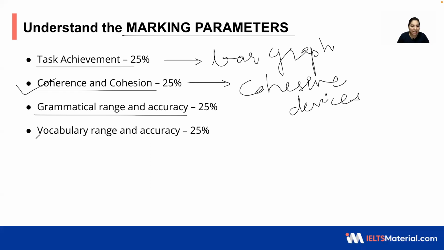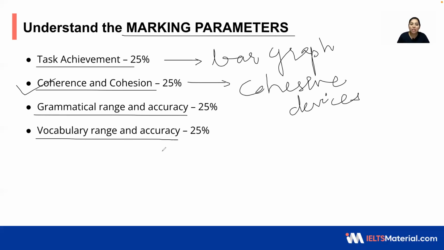The next one is vocabulary range and accuracy. Vocabulary range does not tell you to write a high range of vocabulary, but it actually advises you to use different words of similar meanings. That is, you can use synonyms, antonyms, or words with similar meanings.